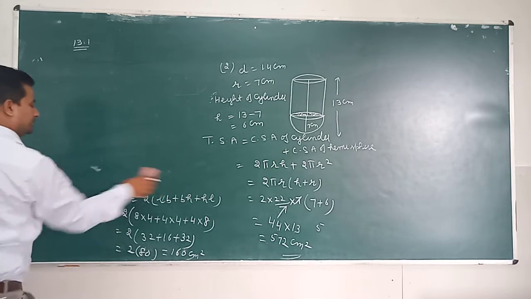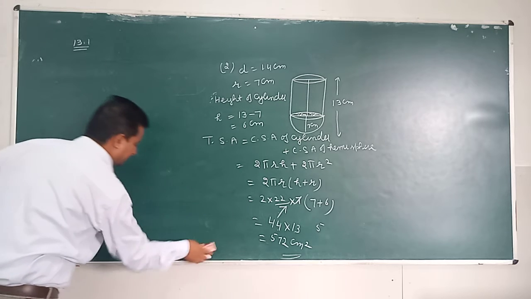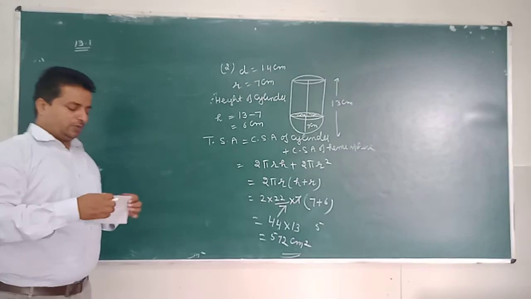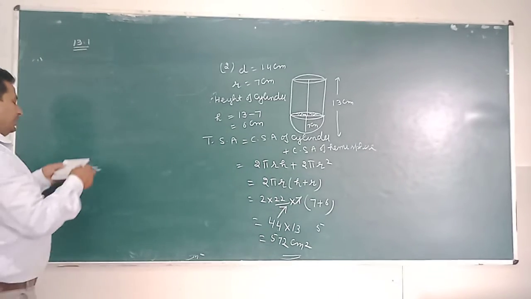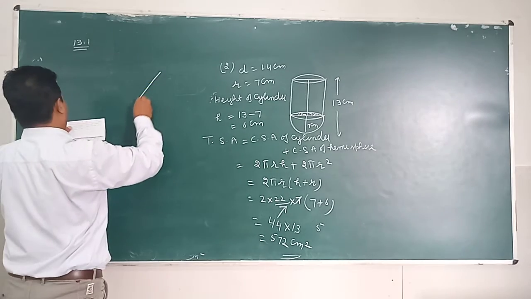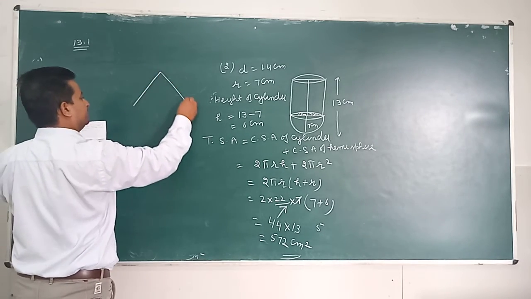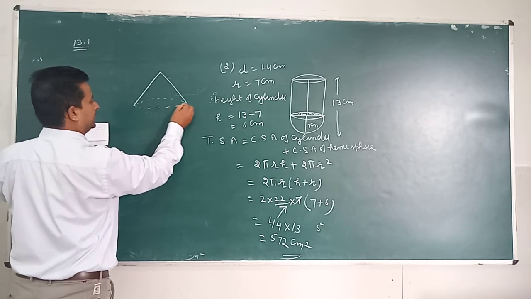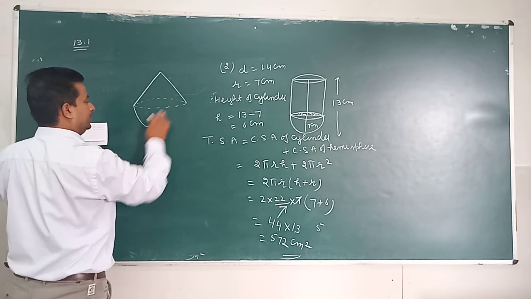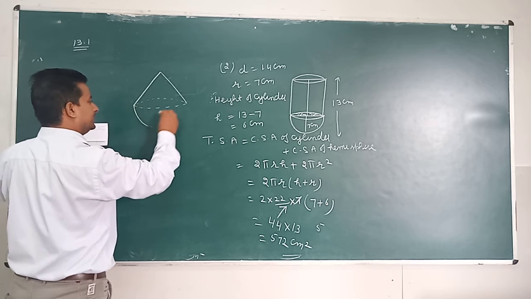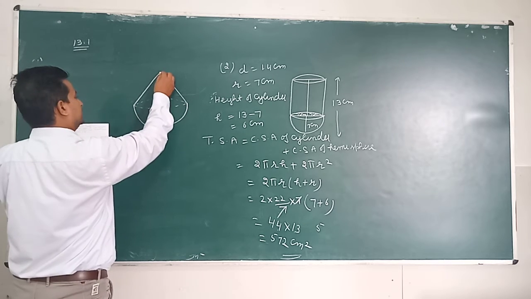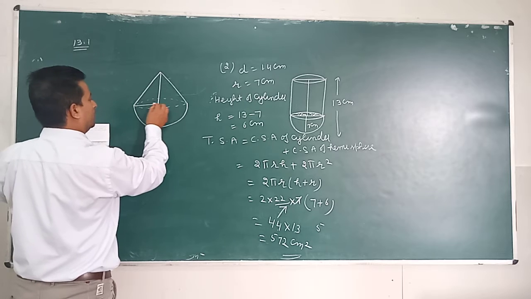In question number 3, the statement is, a toy in the form of a cone of radius 3.5 mounted on a hemisphere. This is the toy shaped like a cone, and in this there is a hemisphere. This is the height of the toy.